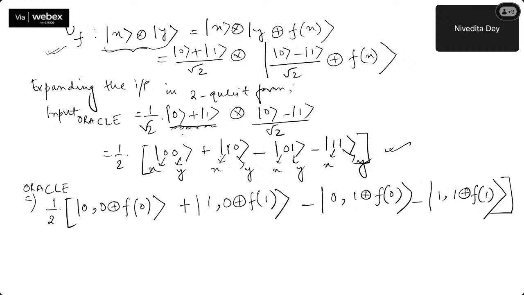Bracket close. I hope now, with respect to the Oracle logic and with respect to f(x), we have expanded it, because x should be unchanged and y will now become y XOR f(x). Till this part, the expansion and all, it is okay?